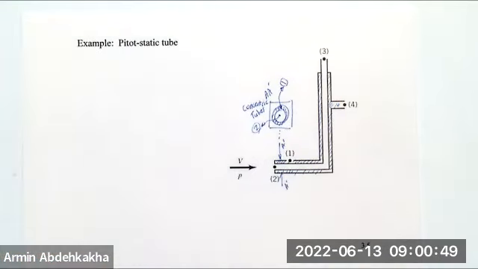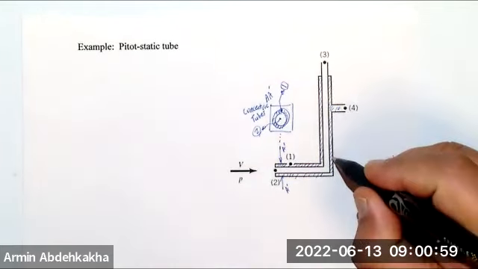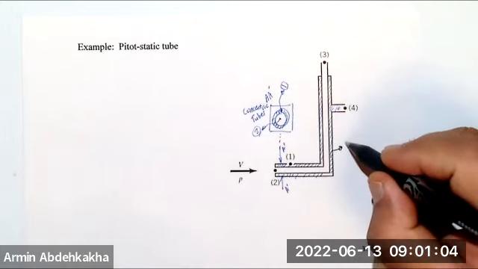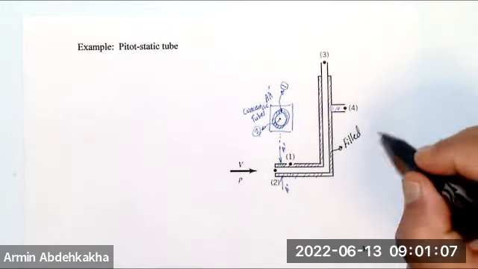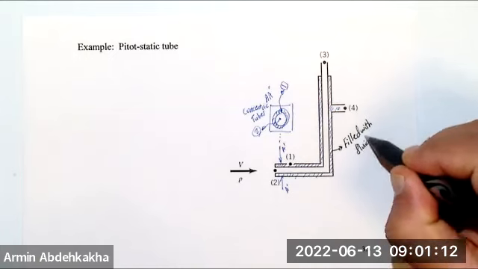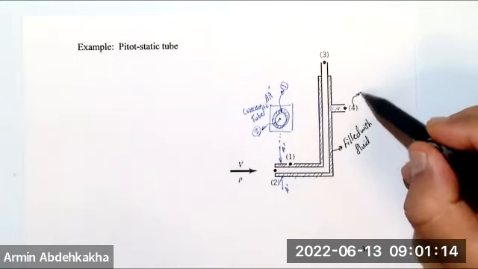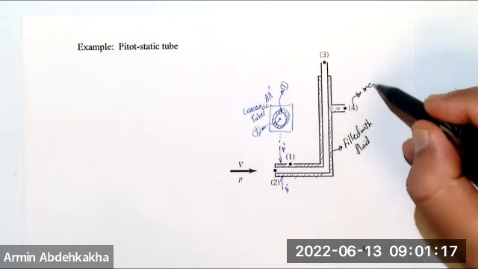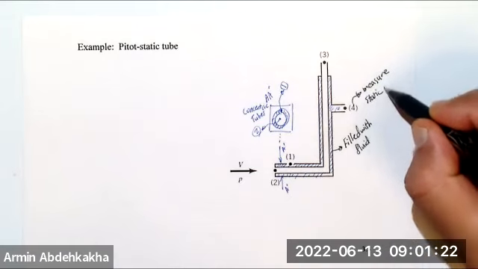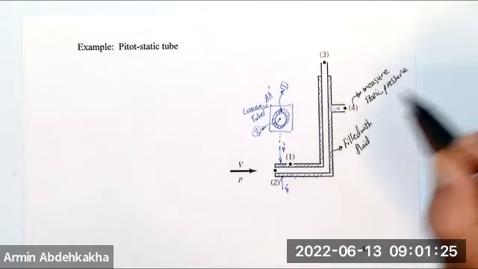What's the point of having two concentric tubes? The point is that if the outer tube is filled with fluid, then you can say that this only measures static pressure. Why?